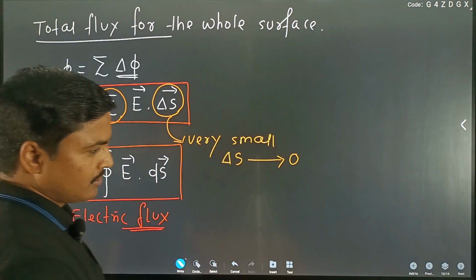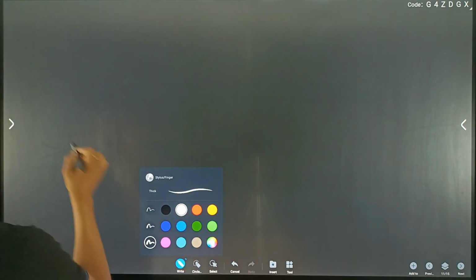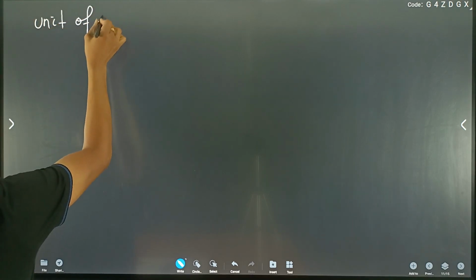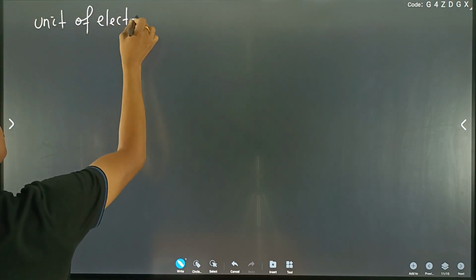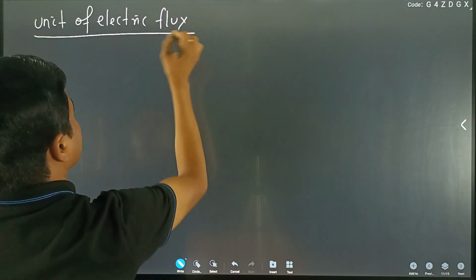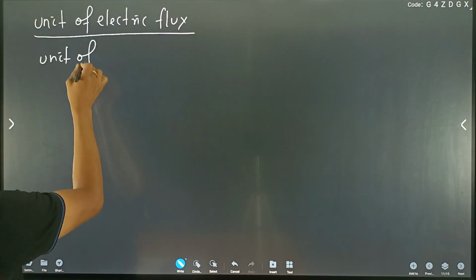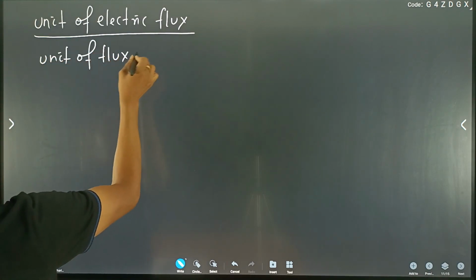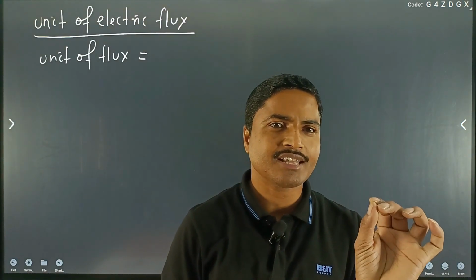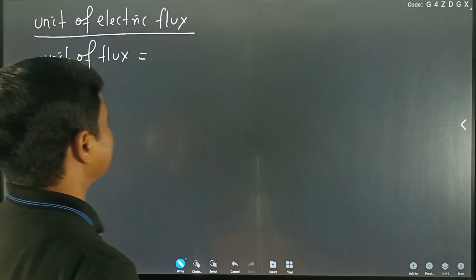Then what is the unit and the dimension of electric flux? First one is the unit. Unit of electric flux. We write unit of flux is equal to, you know the formula for flux. Flux means the dot product of electric field and area vector.